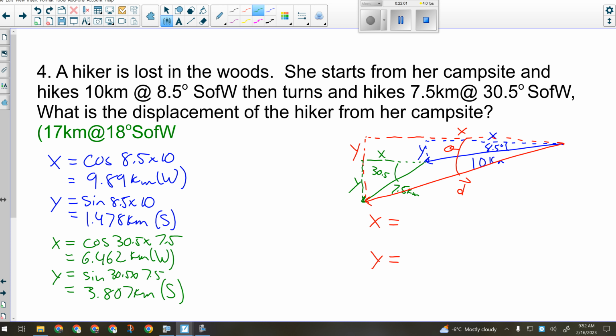Okay, so now I've got all the x's and all the y's. Now I can find my resultants, x and y. Since all of the x's go the same way, I just have to do what with the numbers? Add them, right, they're all west. Right, so red x is going to be 9.89 plus 6.462. And again, I want to keep all of my decimals in the calculator for this one.